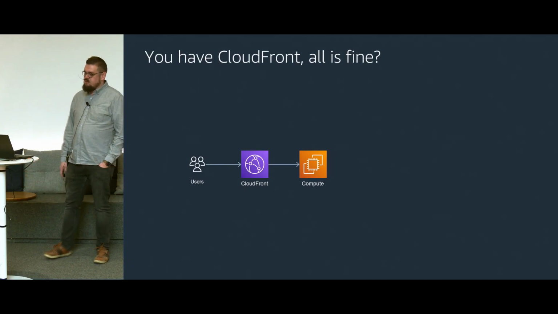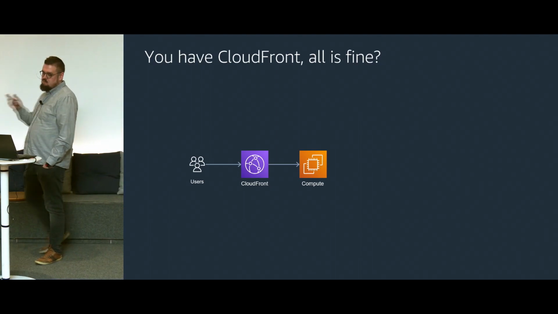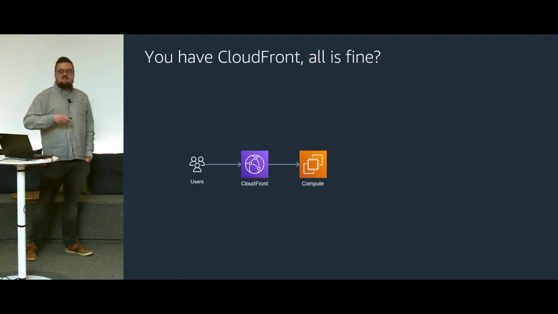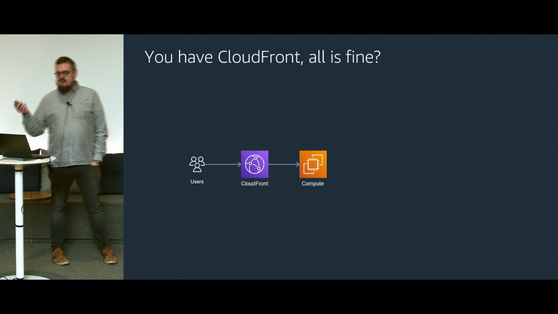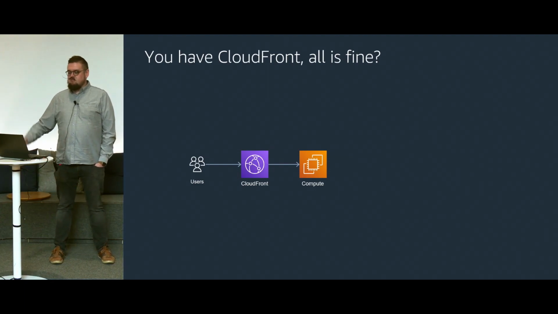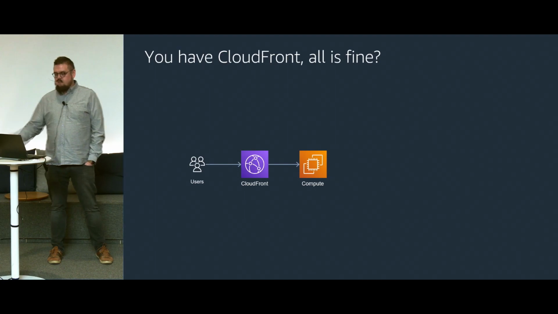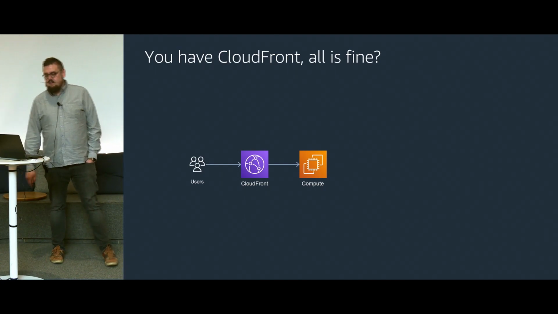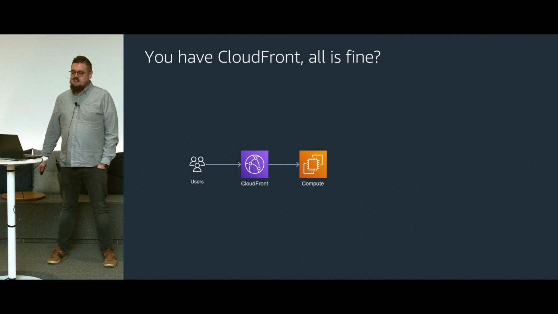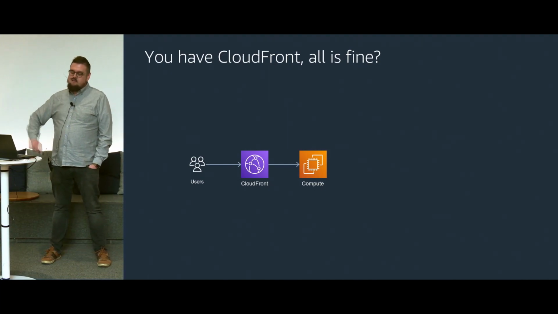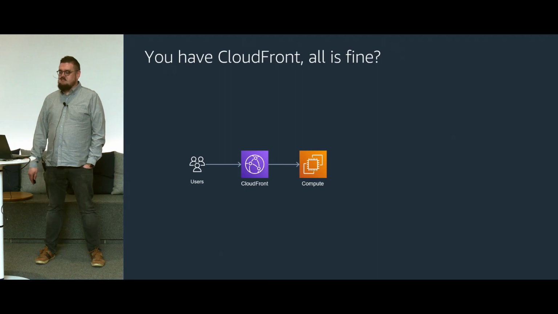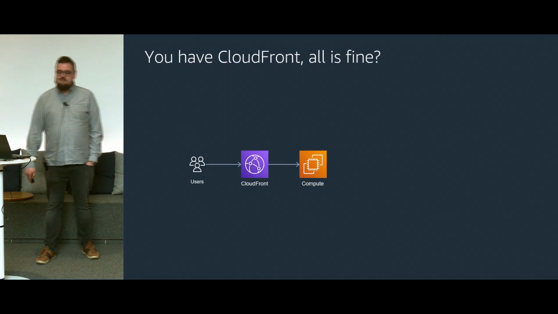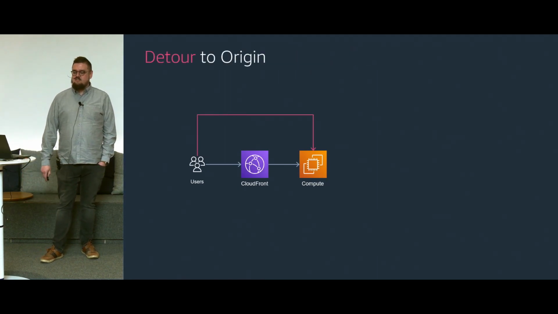Then more about CloudFront. Let's imagine this situation that we have CloudFront and then some compute. It could be pretty much anything. Let's say it could be an API Gateway and then Lambdas, or it could be ALB and then Fargate, or whatever, just some compute behind CloudFront. And you would think that now, okay, CloudFront is added in front of your application, everything is fine. One thing you should consider is this detour trick.